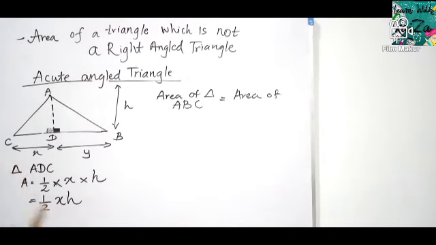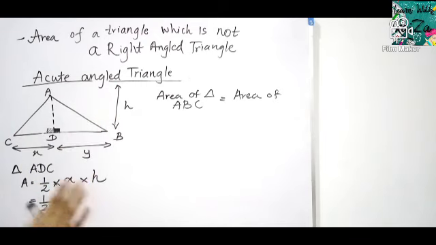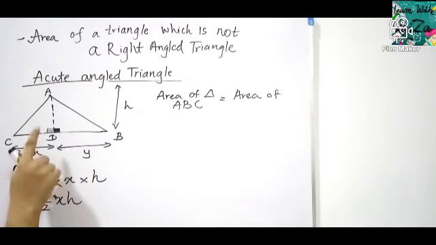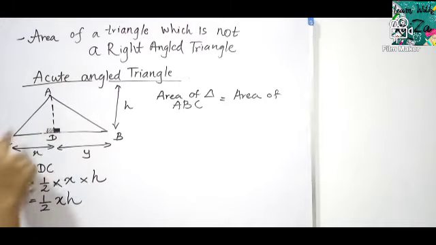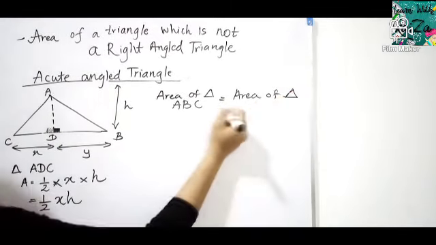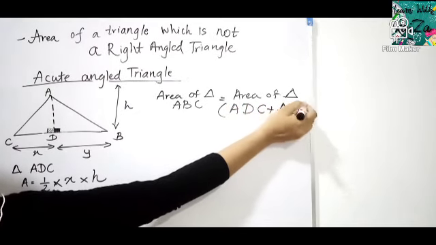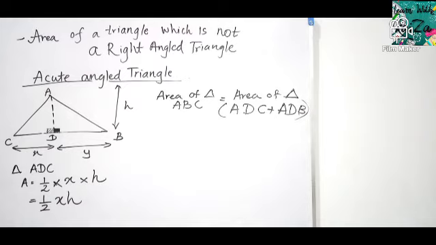Again I'll repeat: the area of the whole triangle ABC is equal to the sum of the areas of triangle ADC plus ADB. Clear? Okay.